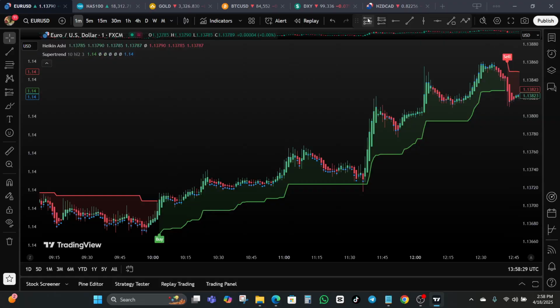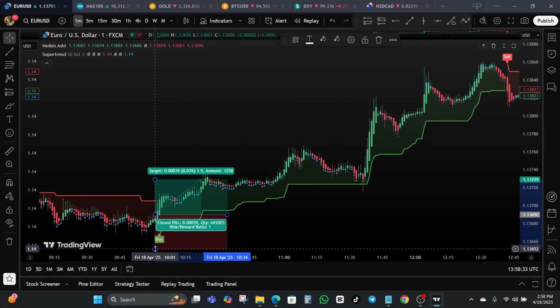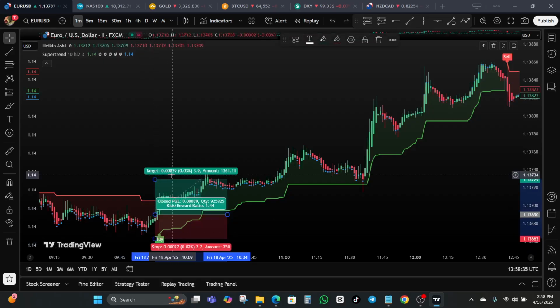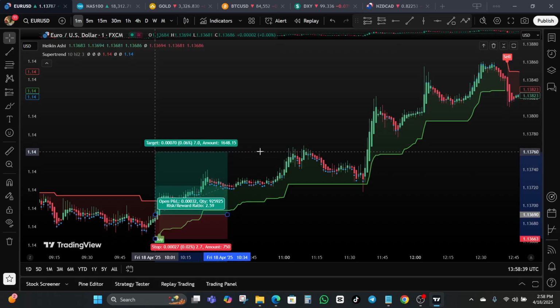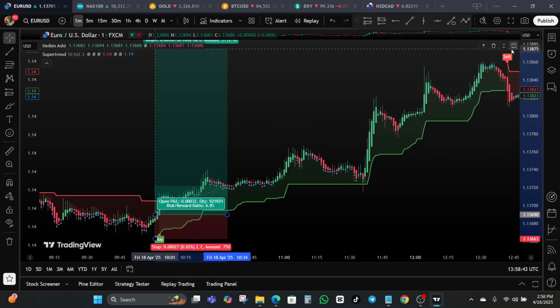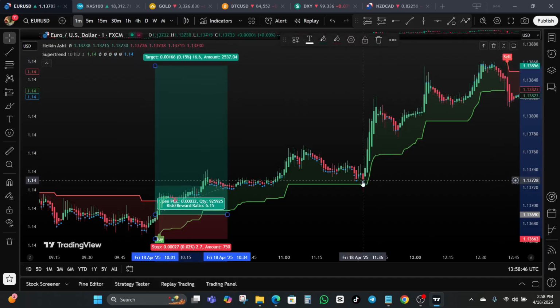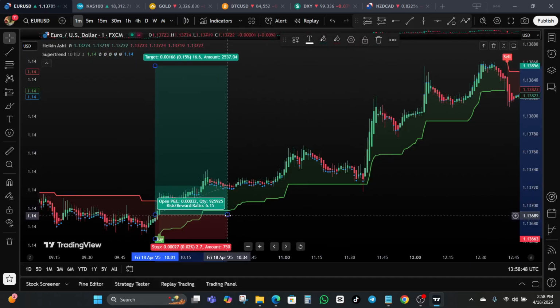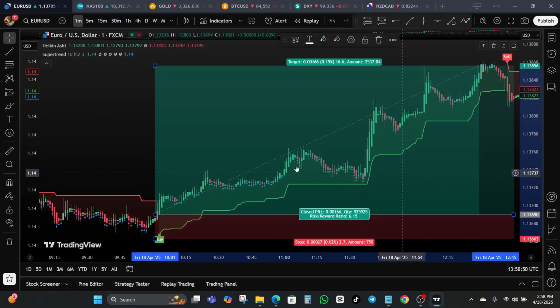For example, this should have been a good place to enter a buy trade. Stop loss can be below the previous swing low. Your take profit can be around key resistance zones, or you can just wait for when the Supertrend indicator flashes a sell signal. So when it flashes a sell signal, then you can proceed to exiting your buy trade.